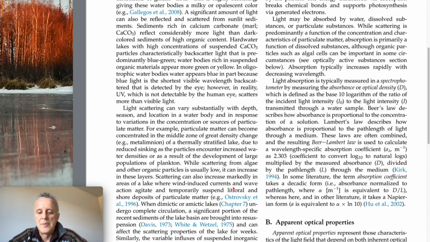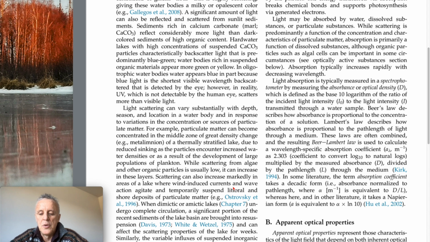Lambert's law describes how absorbance is proportional to the path length of light through a medium. These laws are often combined, and the resultant Beer-Lambert law is used to calculate the wavelength-specific absorption coefficient, a lambda, per meter, as 2.303, the coefficient to convert log 10 to natural logs, multiplied by the measured absorbance D divided by the path length L through the medium.